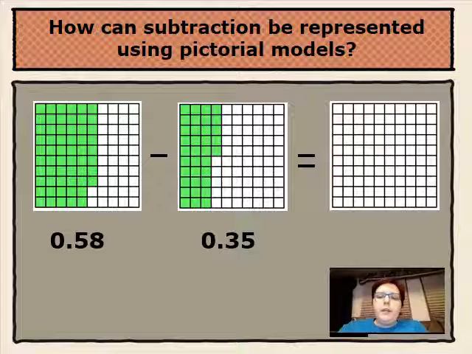Showing this, we can then, here we have 50 and 30.